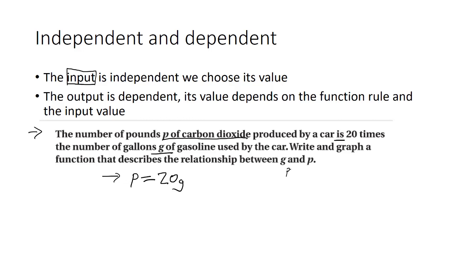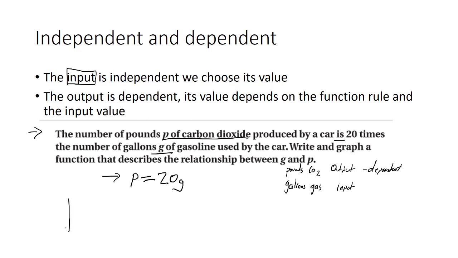So pounds of CO2, which is our output, depends, therefore we call it dependent, on the gallons of gas, which is our input. Right? So if we burn 5 gallons of gas, we would get out 100 pounds of carbon dioxide.